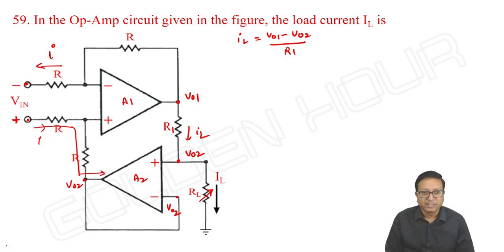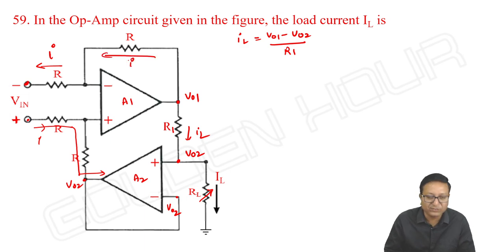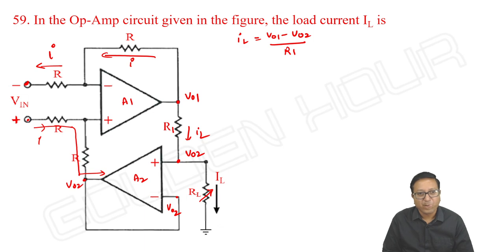Next, here no current is possible through this part into the inverting terminal. Let it be. Next, I is coming towards this terminal, so it has to come like this only. It is I. Here I can take up to here only, but I don't know the current that is coming from the output terminal of A1.